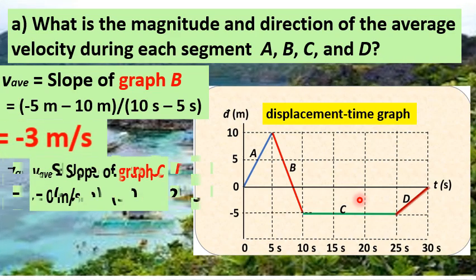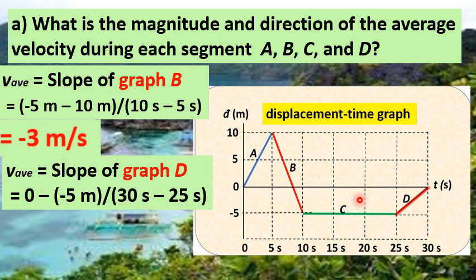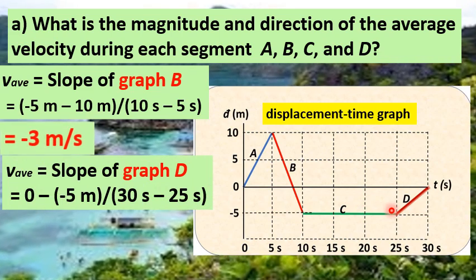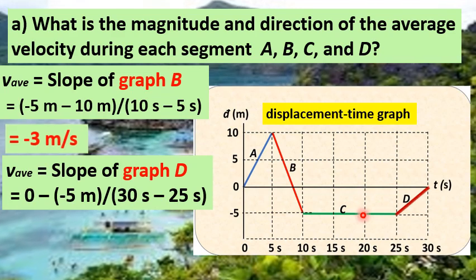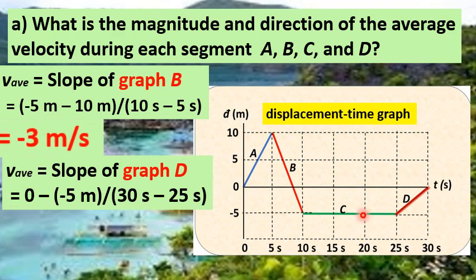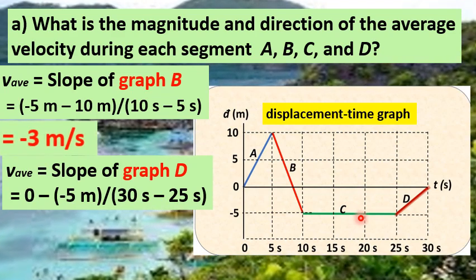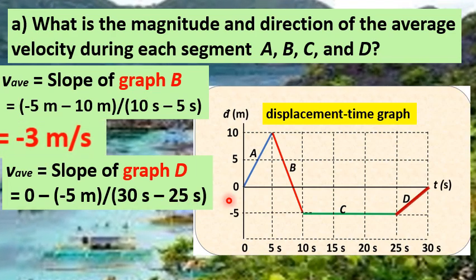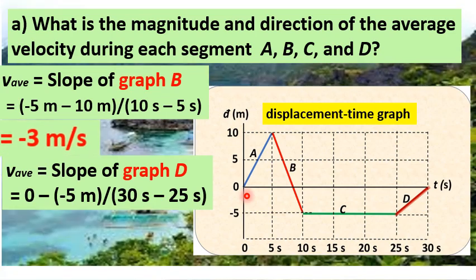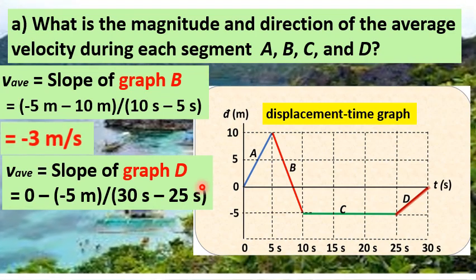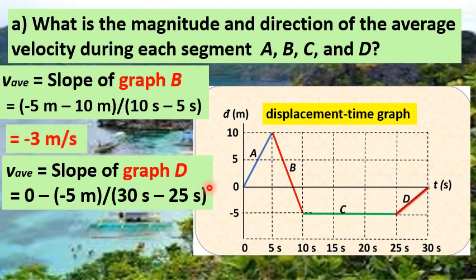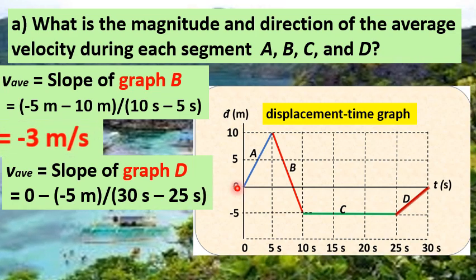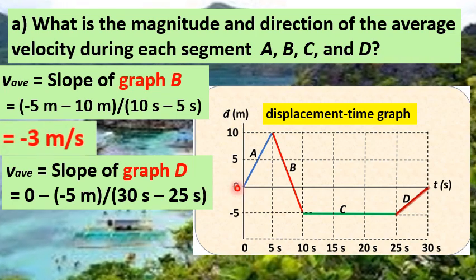Computing for that, delta d is the final position minus the initial position, that is 0 minus negative 5 meters, 0 being the final position, and negative 5 being the initial position.